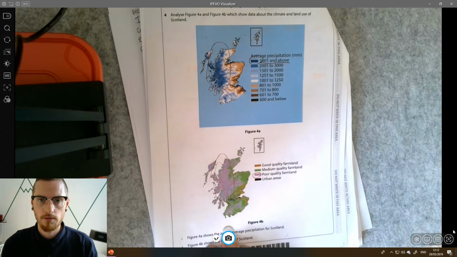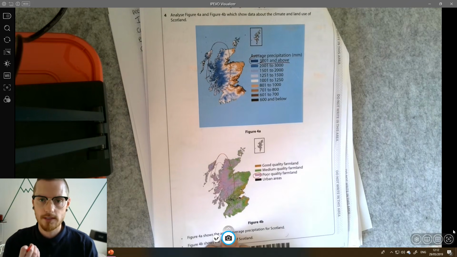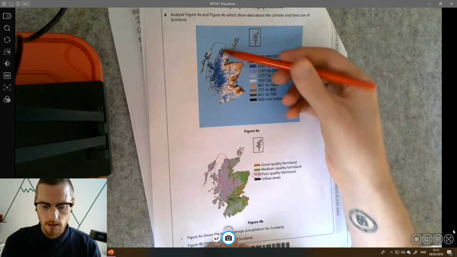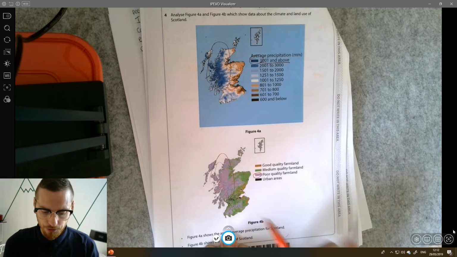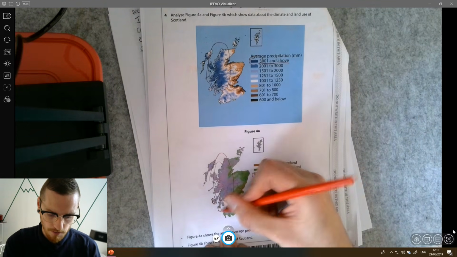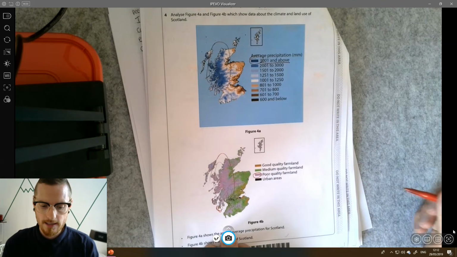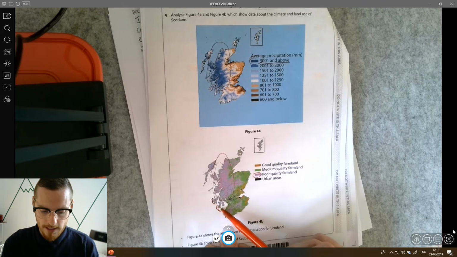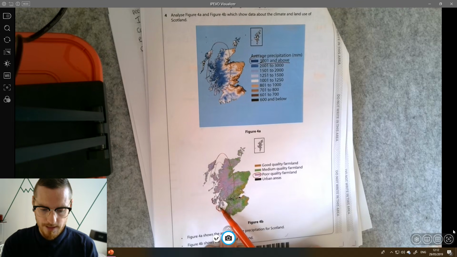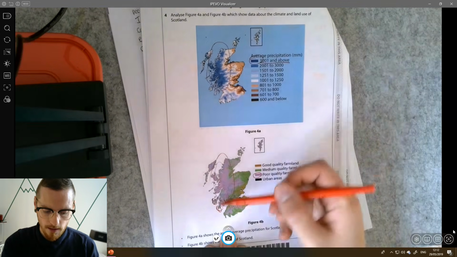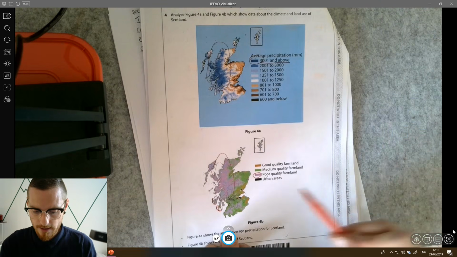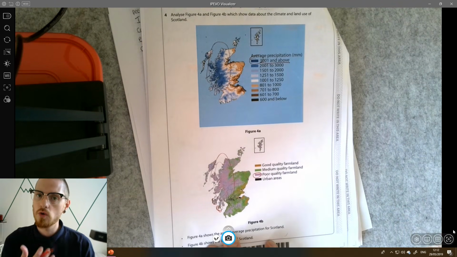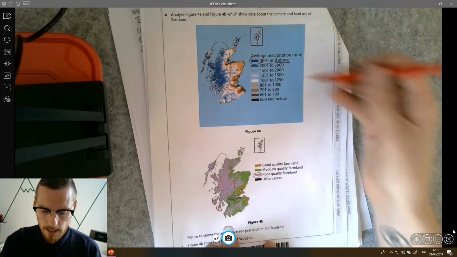So there's a general trend, and I've used TEA here, evidence, and I've also looked at evidence from the map. I can also see, though, on some of these Scottish islands, that we've got some anomalies, where even though they've got higher precipitation in this area, there's actually some better farmland. It's medium quality.